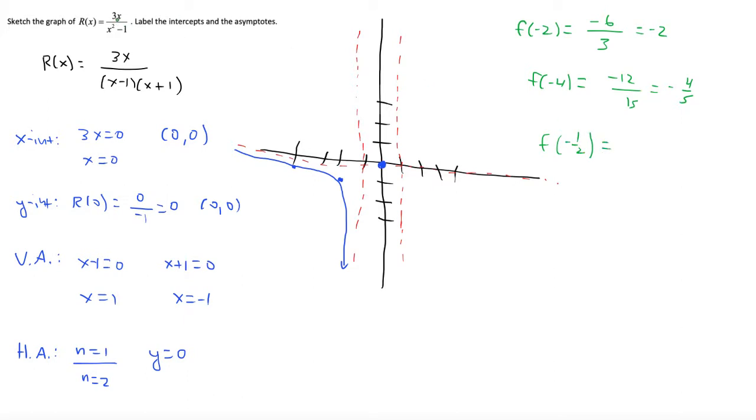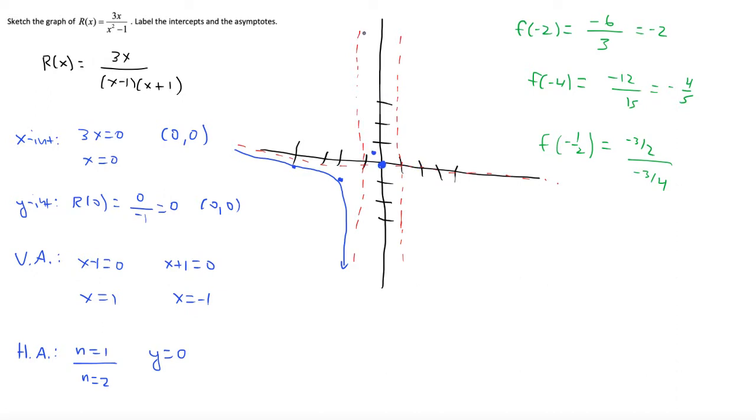When we plug in negative 1/2, notice what we get. We get negative 3/2 on the numerator, and then negative 1/2 squared is 1/4. 1/4 minus 1 is negative 3/4. I don't really know what that number is, but the one thing I do know is that a negative divided by a negative becomes a positive. So we're going to be up here somewhere. Okay?